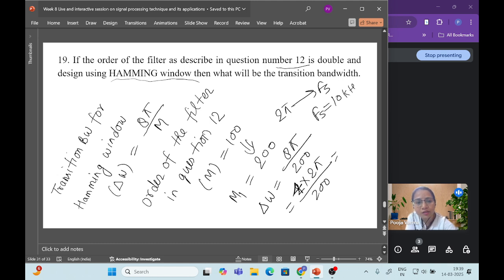So 4 into 10 kilohertz divided by 200, from here you will get the bandwidth of 200 hertz. So delta omega is 200 hertz. The transition bandwidth for the Hamming window is 200 hertz.